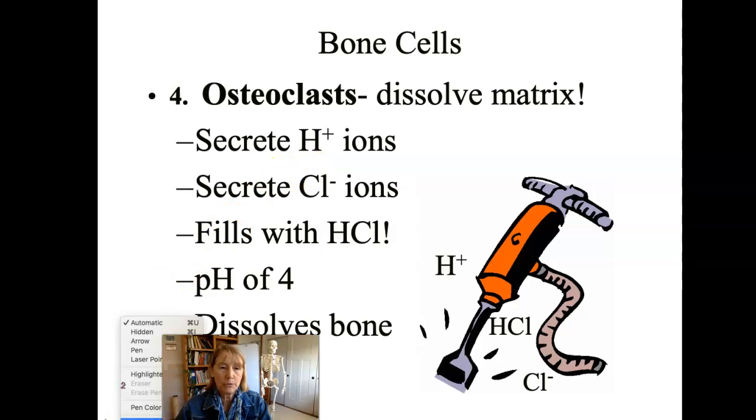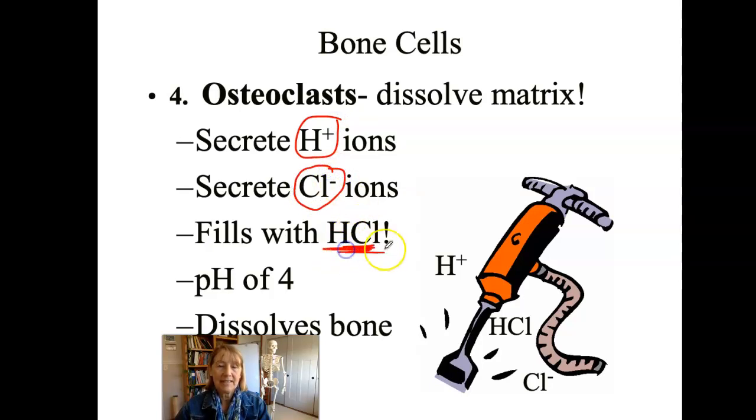They will secrete hydrogen ions, and if I put hydrogen ions together with chlorine ions, I'm going to make hydrochloric acid. That hydrochloric acid has a very low pH, and it's going to dissolve bone. My little picture here shows these cells breaking down bone.